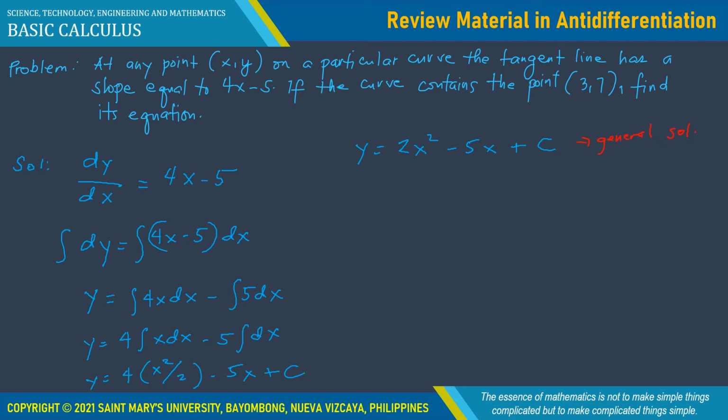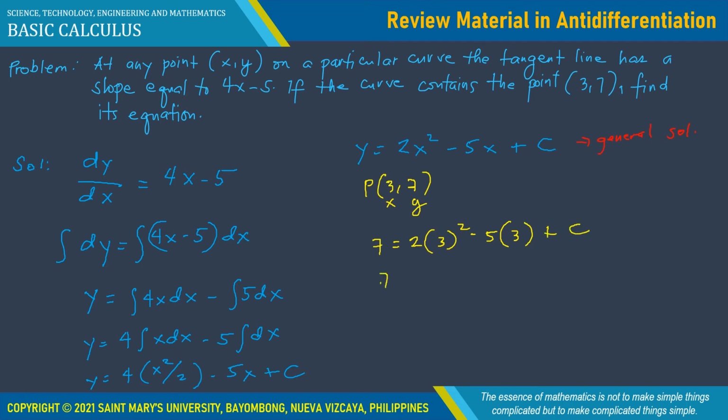Yung point na (3, 7). Kasi mayroong given tayo doon na point na (3, 7). So, substitute lang natin ito doon sa general solution. Ito yung x, ito yung y, para masolve yung c. So, we have the value of y is 7. So, 7 is equal to 2. The value of x is 3. So, 3 squared minus 5 times 3 plus c.